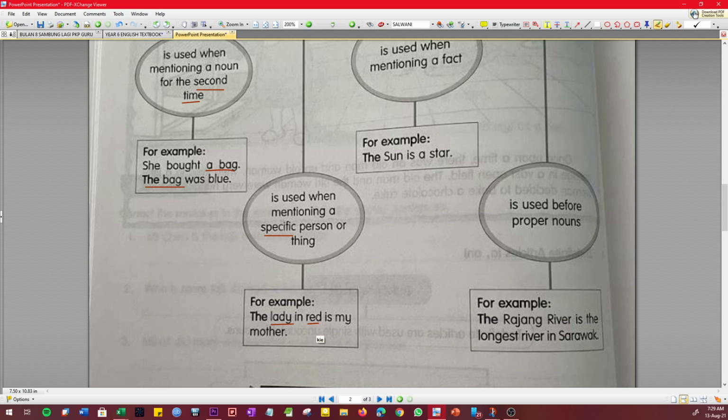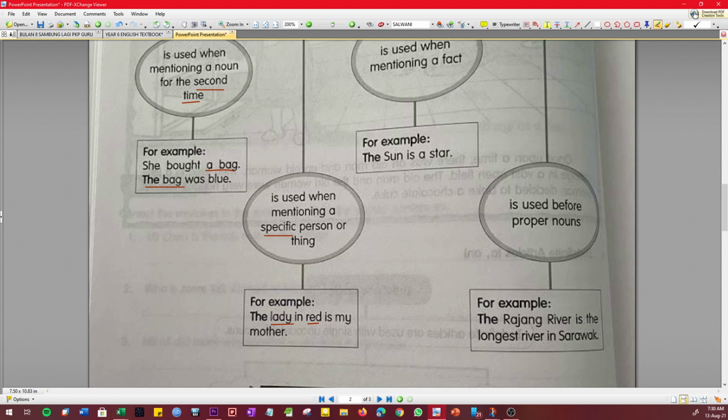Okay. Boleh tak kita kata the lady is my mother? Boleh, dengan syarat ia adalah ayat yang kedua. Macam rules yang pertama ni. Rule yang pertama, second time.